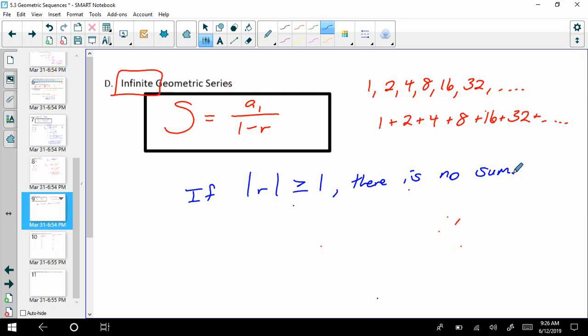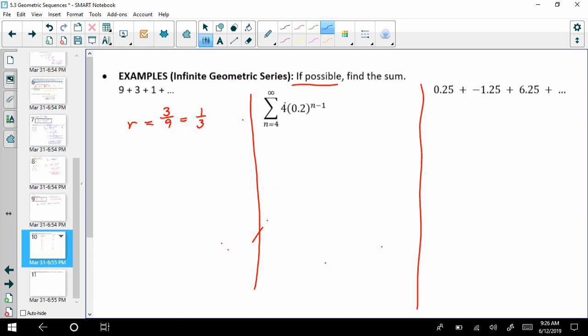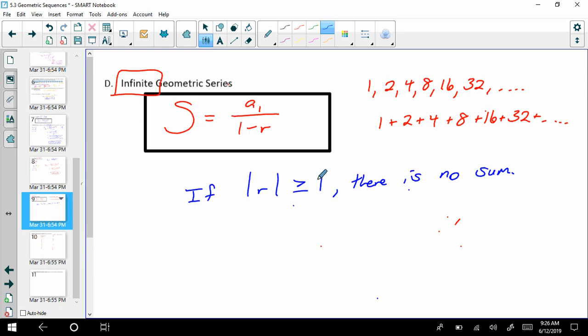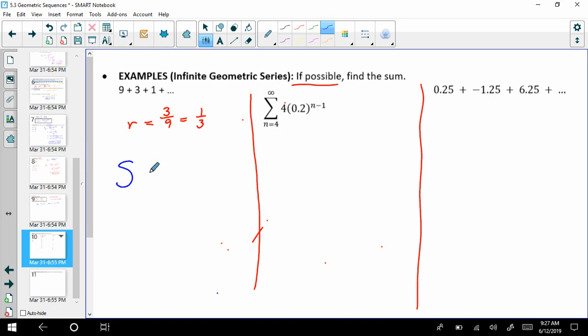So what? Well, let's go to our example and I'll tell you what I mean. So if I look at r is 1/3. Is that greater than 1? No. So that means it's possible we're going to get an answer. 1/3 is smaller than 1, so it's going to work. So if I substitute in, what's a sub 1?